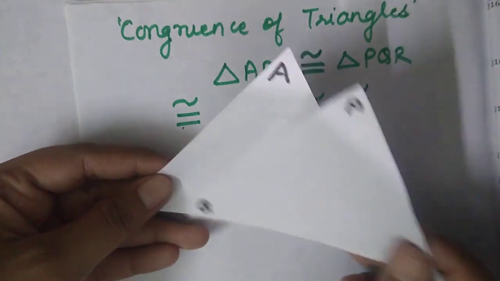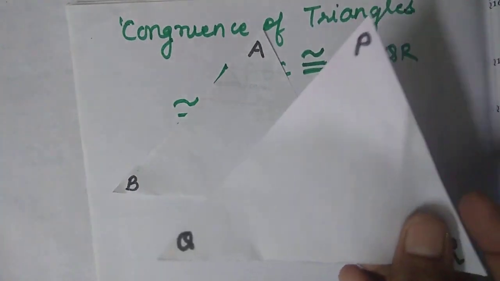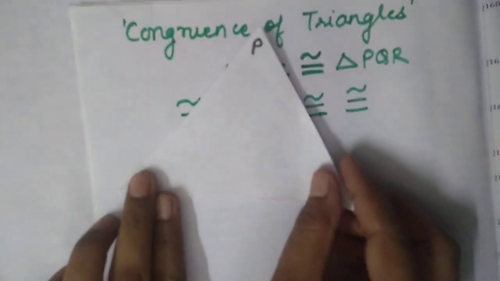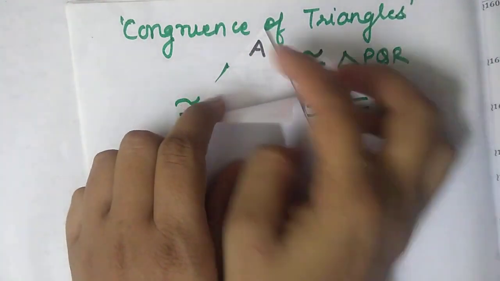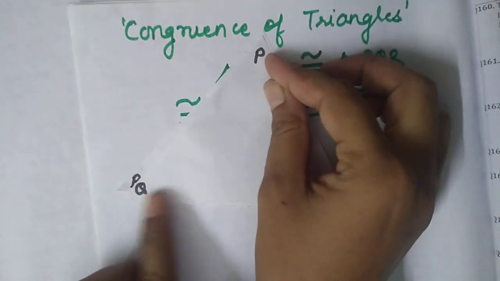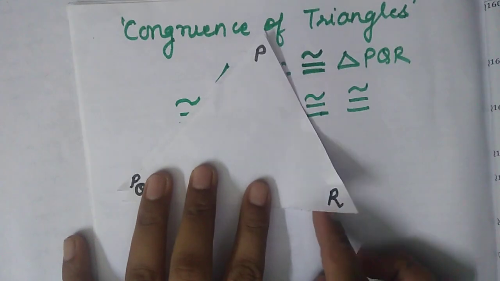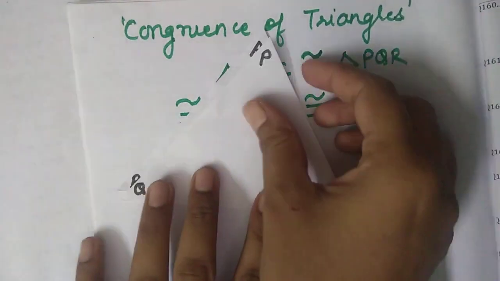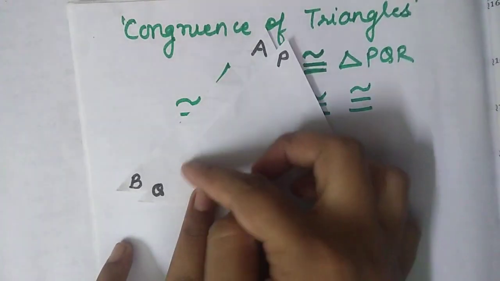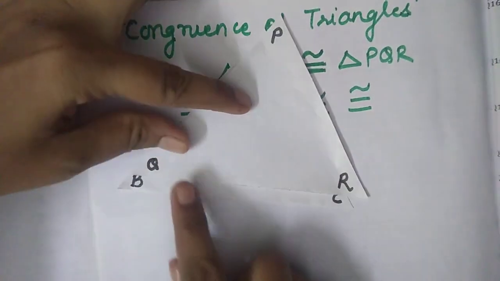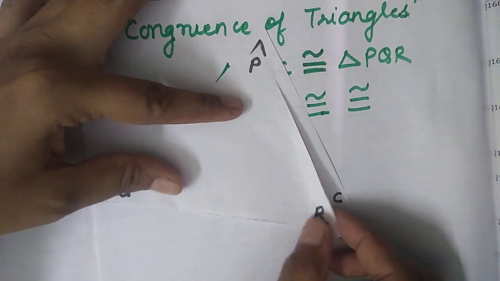This means when you place triangle PQR on triangle ABC, they completely overlap. Vertex P falls on vertex A, vertex Q falls on vertex B, and vertex R falls on vertex C. For the sides, PQ falls on AB, QR falls on BC, and PR falls on AC.